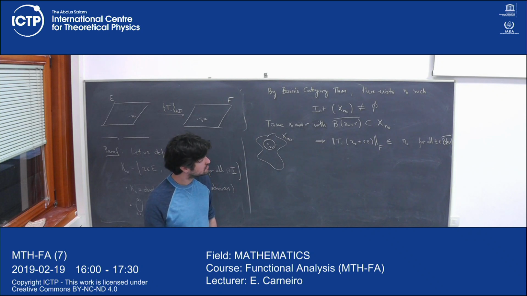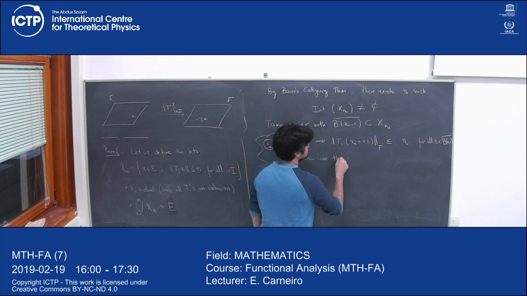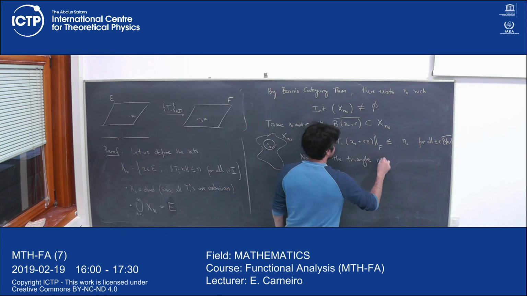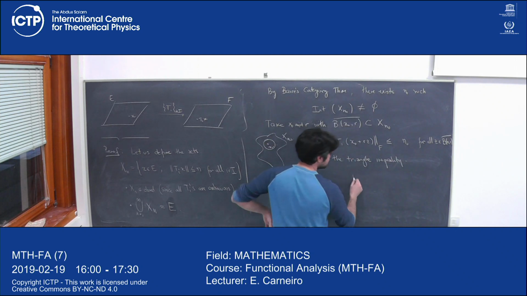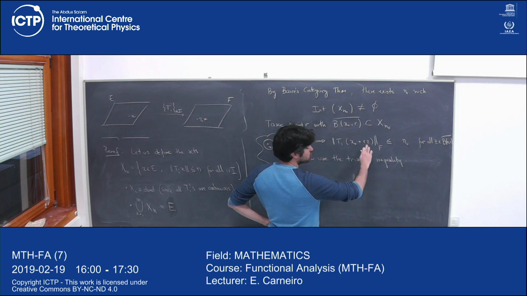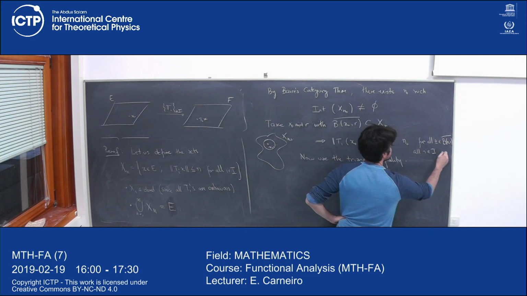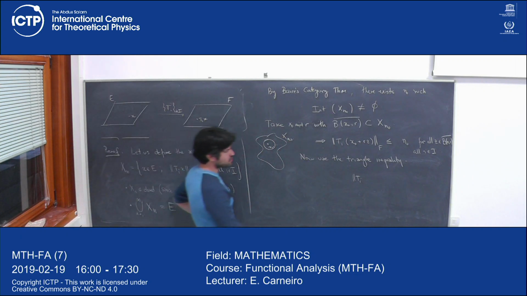Now use the triangle inequality to deduce the... Yes, so now I'm going to use the triangle inequality in this form. I actually want to use that this is for all z's in the unit ball and all i's in the collection of indices, right? I'll use the triangle inequality in this form.